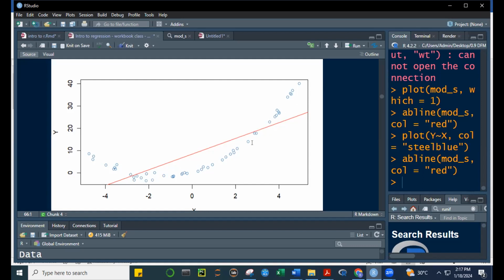Di ba? Okay? Konti lang yung points na nasa line. The rest are all outside of the line. I mean, itong mga residuals to. For example, this one and this one, yan ang residual niya. Okay? Why? Because we're trying to fit a model where the relationship is not linear.